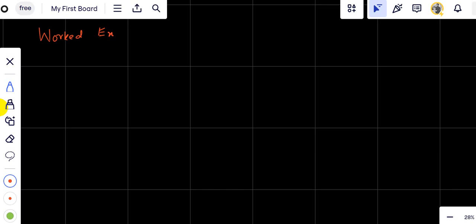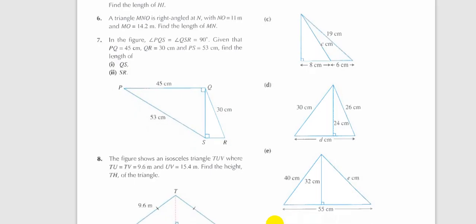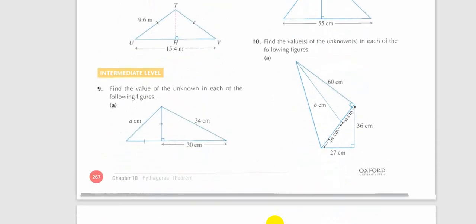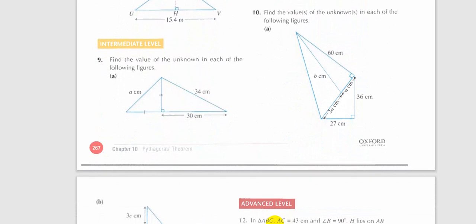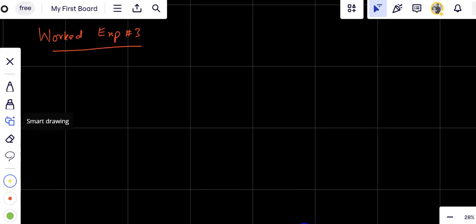Worked example number 3. Okay. In this, again, we have a triangle, for example, here. Let's say this is a triangle here.